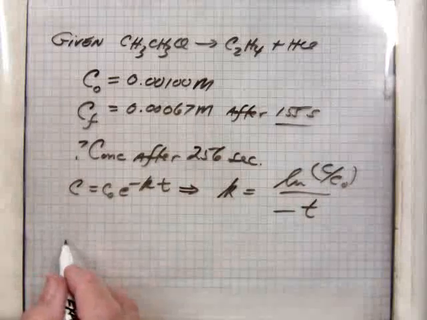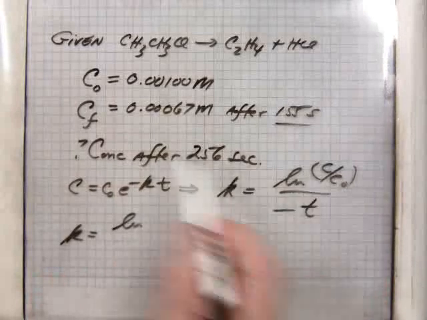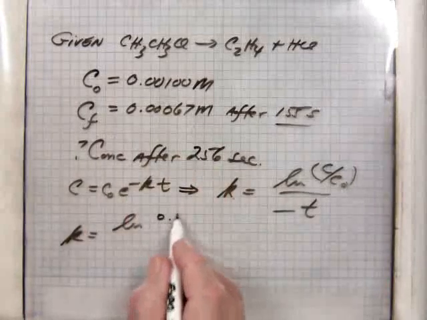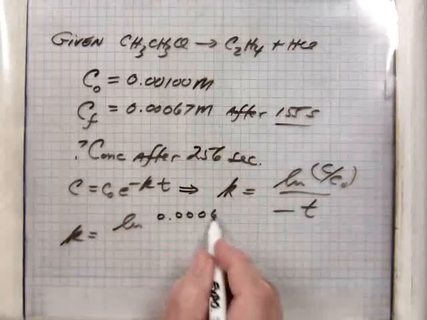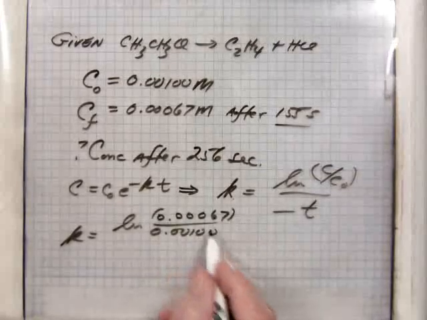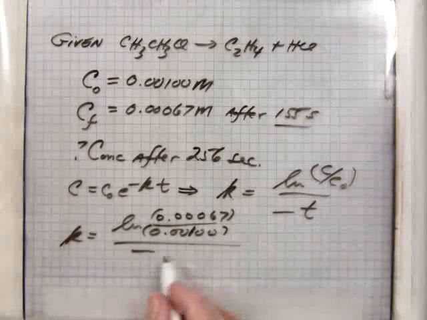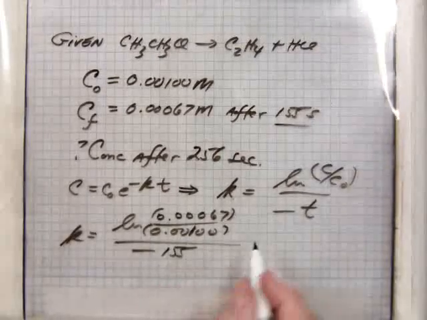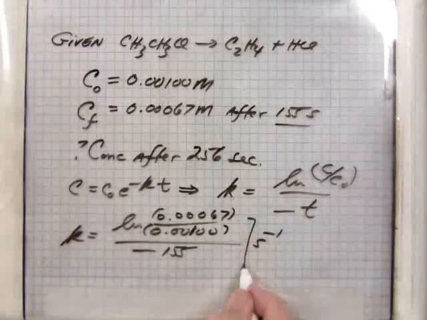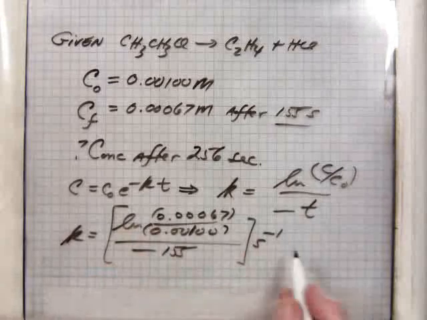And so the K value is ln of 0.00067 over 0.00100, and all that's divided by 155 seconds, with units of seconds to the minus 1 when everything's said and done.